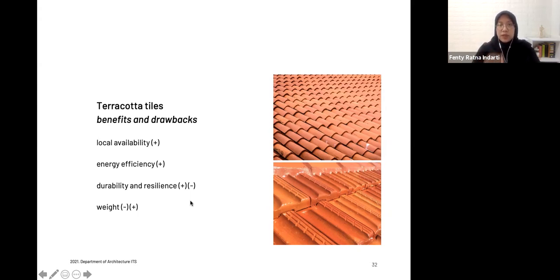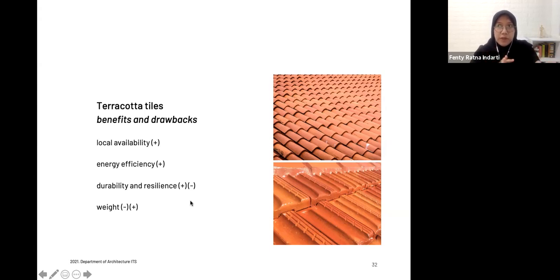That's why the local availability here is a plus, because compared to metal roofing, it is widely spread. The knowledge is widely known by all people.